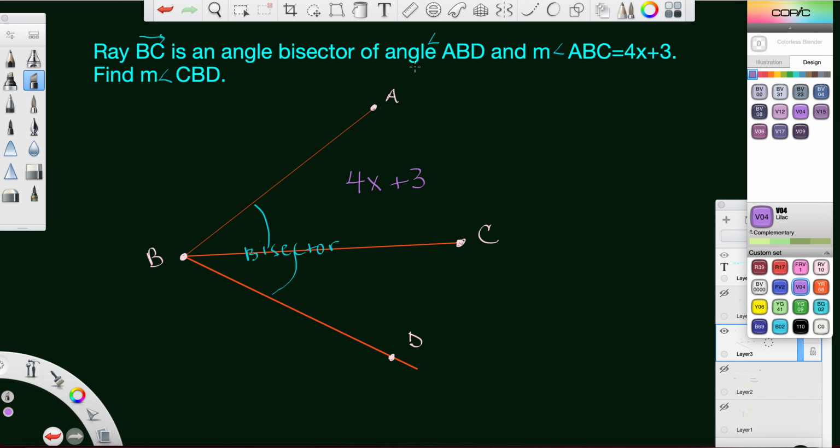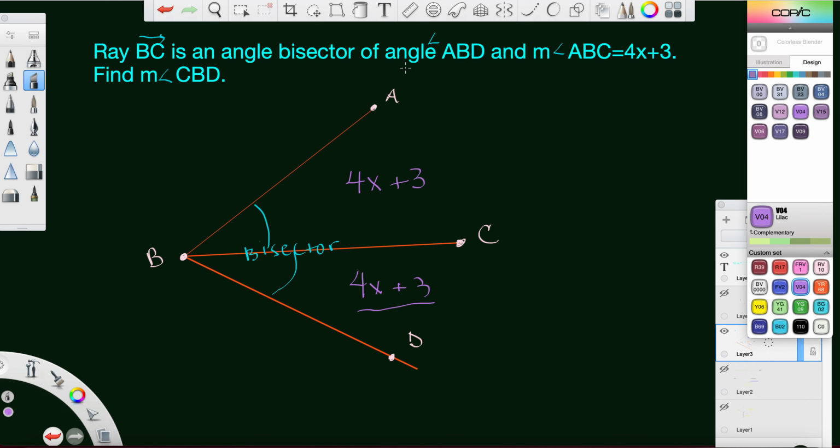They don't give you the total measure of this angle, so you're just going to write an expression. Well, if they're both the same, then this is also 4x plus 3. And that's your answer.